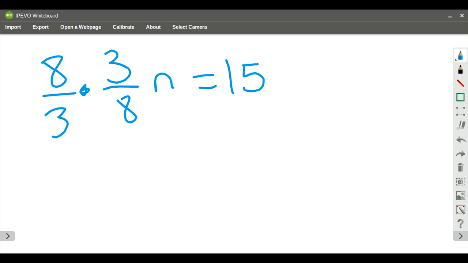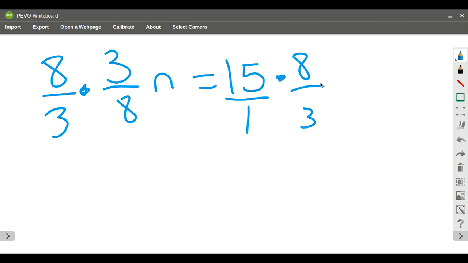And because I multiply this side by 8/3, I need to multiply this side by 8/3. So I need to make 15 into a fraction, and I'm simply going to put it over 1, because anytime I put a whole number over 1, that represents 15 wholes.